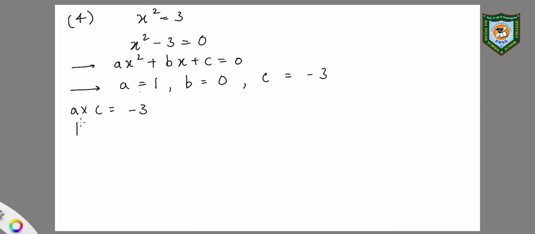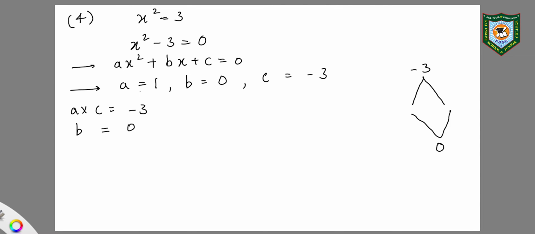My value of b is equals to 0. So here I'll have minus 3, and here my summation has to be 0. So what factors give me this particular solution? Remember, our two factors, when they add up, have to be 0.